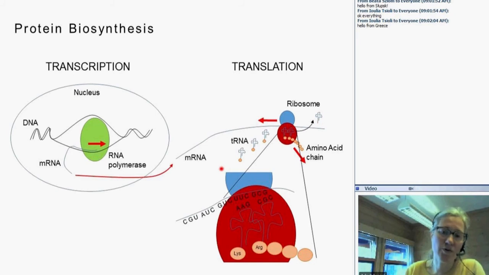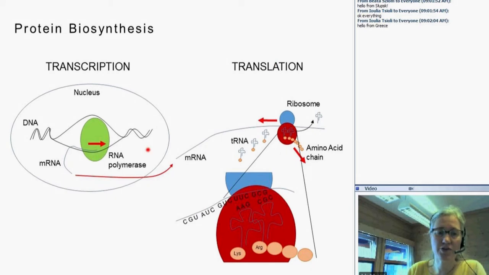This is the reason for it, because we cannot produce ourselves, I think, most of these amino acids, so we need to get them somewhere, namely from our food, to be able to produce the proteins that our body consists of. These are the 2 parts of the protein biosynthesis, the transcription and the translation part.